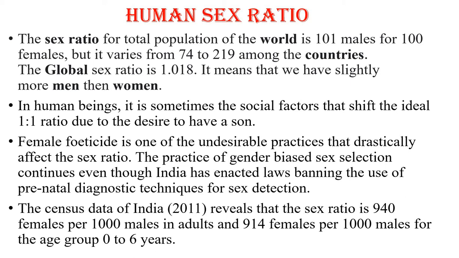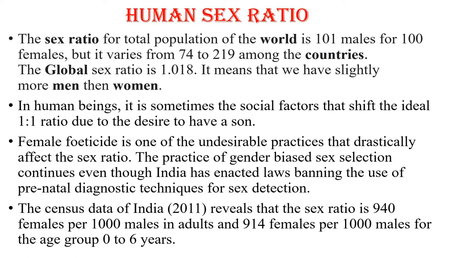Remember that the sex ratio for adult individuals is 940 females, whereas the sex ratio for the age group of 0 to 6 years is 914 females per 1000 males.